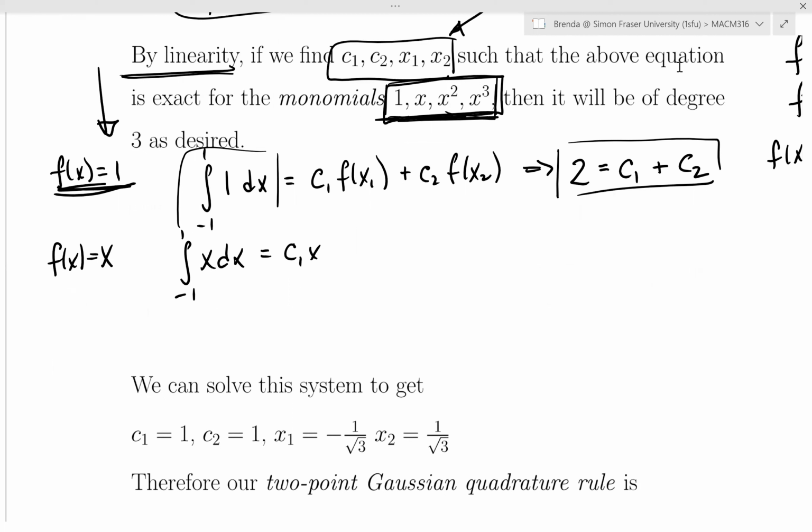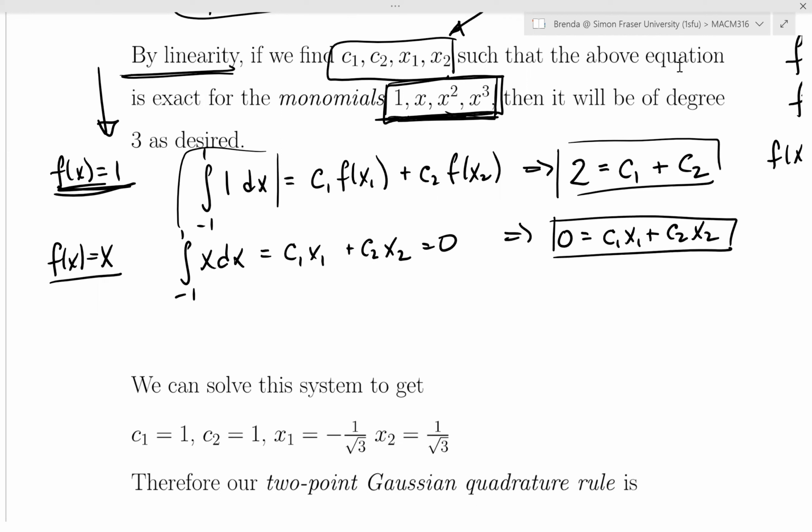It's the actual value x1. F of x equals x, so f of x1 equals x1. And then this is x2. That is f of x2. And what is the integral from -1 to 1 of x dx? 0. That's 0, right? You know what this is. That's telling me that 0 has to be equal to C1 x1 plus C2 x2. Equation number 2.